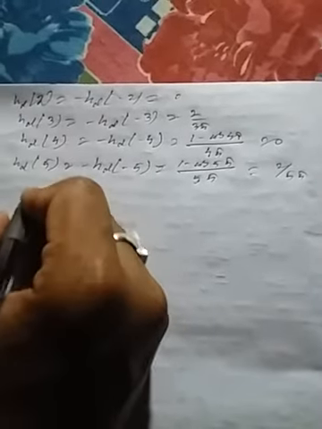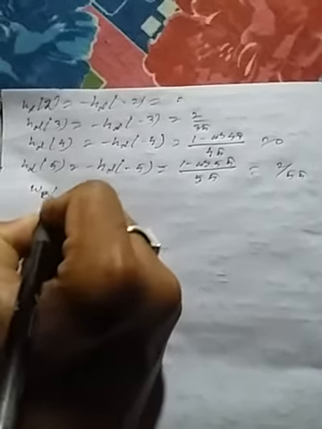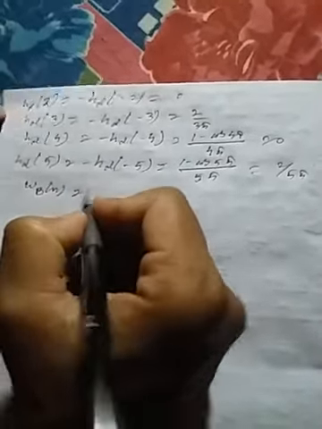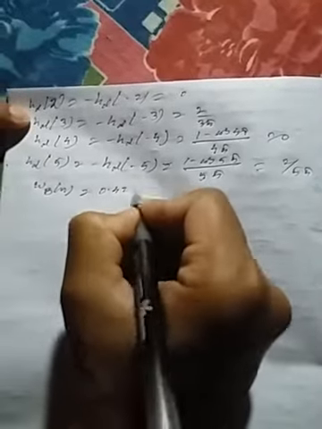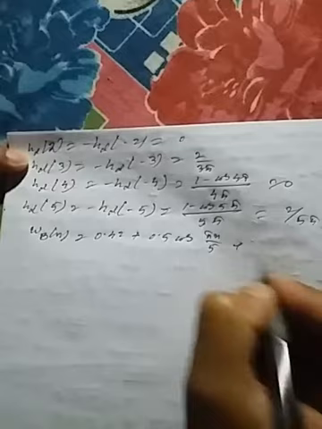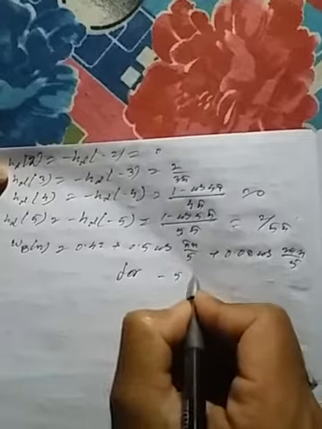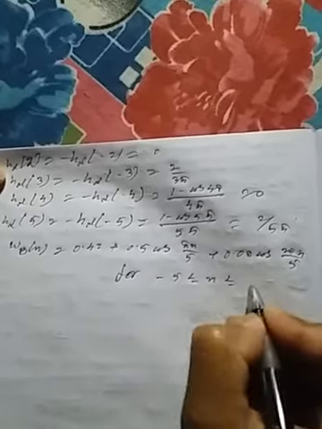Now the expression of the Blackman window is given by wb[n] equal to 0.42 plus 0.5 cos pi n by 5 plus 0.08 cos 2 pi n by 5, for minus 5 less than or equal to n less than or equal to 5.